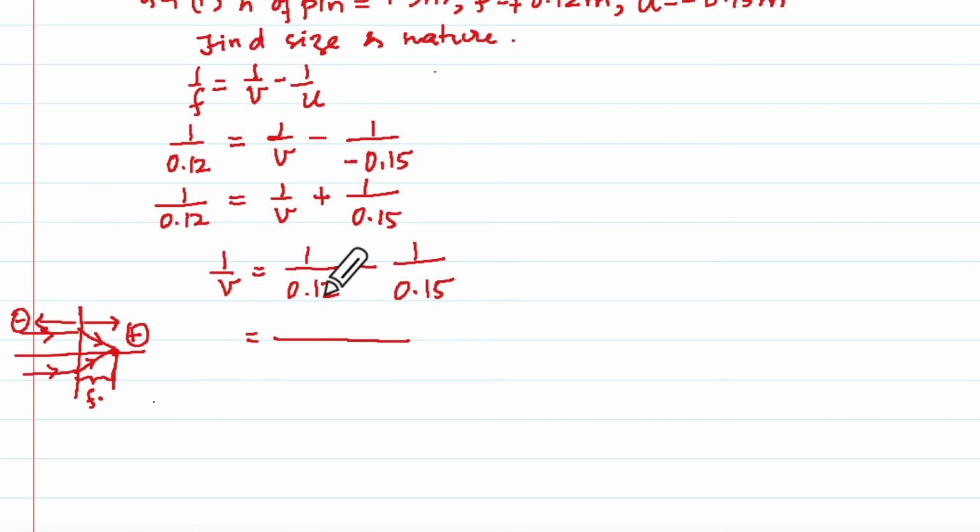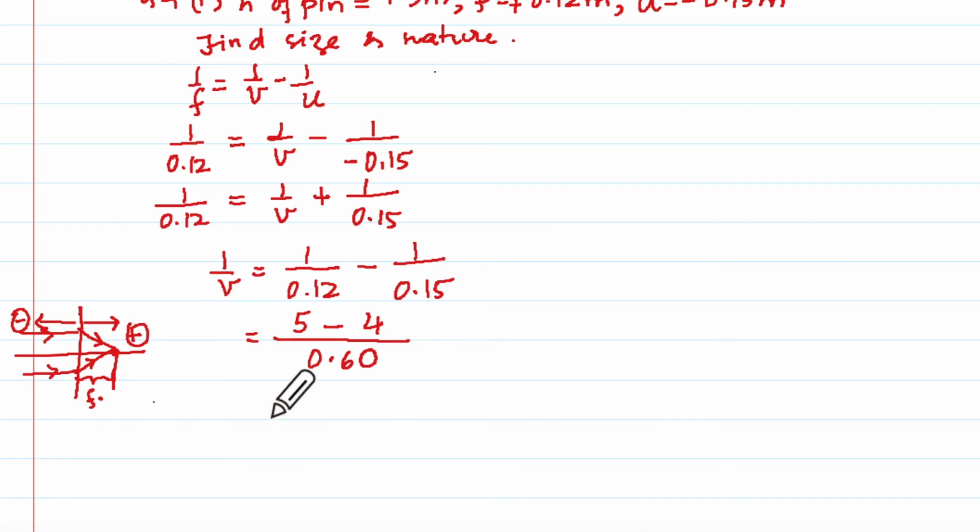Now 15 and 12, the LCM is 60, correct? Yes. So I'm going to write here 0.60. I know 0.6 is the same as 0.60, but I'm going to write this so that it's easier for me to do the calculations. So 12 fives and here 15 fours.